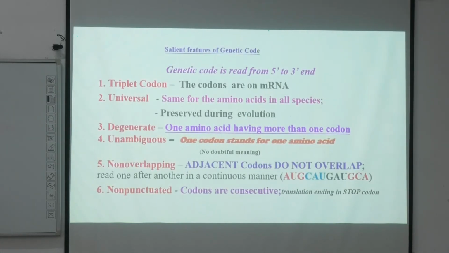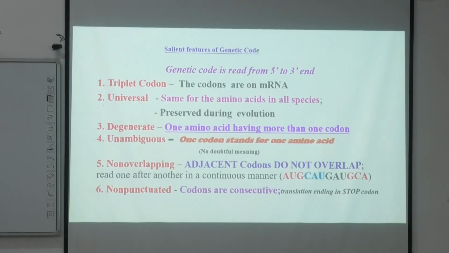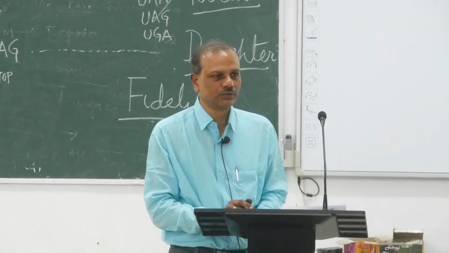So these 6 features are very important. First, the simplest is triplet. That is very important. Second is universal. It is produced for the same amino acid, and it is observed in the human.